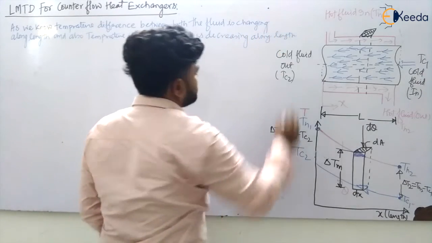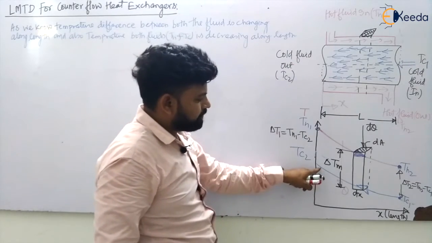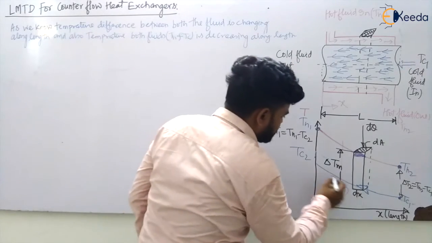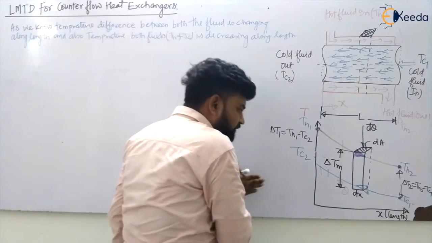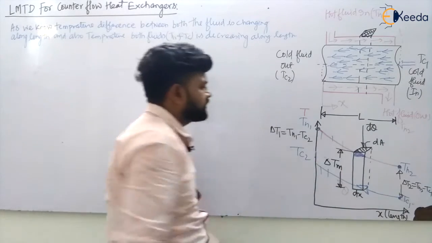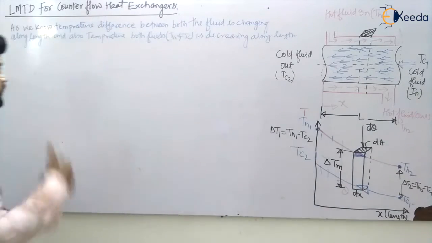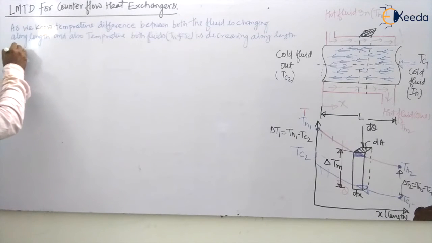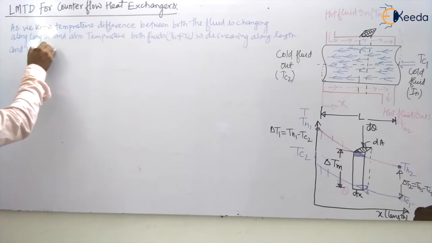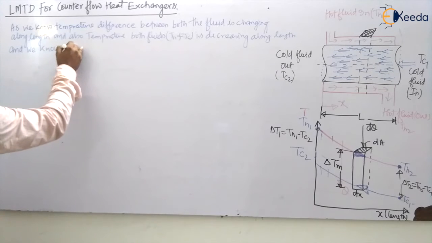Why is it decreasing? Because the hot fluid, you can see the temperature is decreasing along this direction, similarly the temperature is also decreasing in this direction along the length, and we know all temperatures.